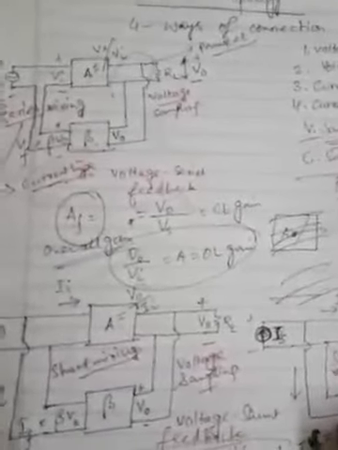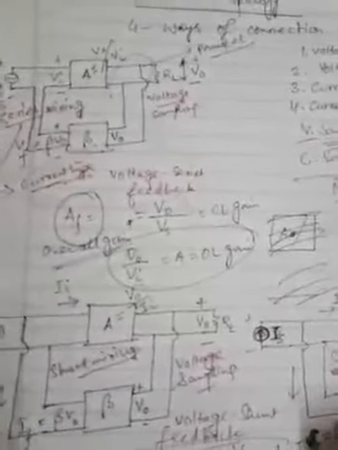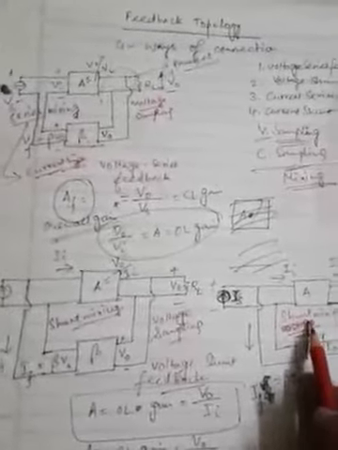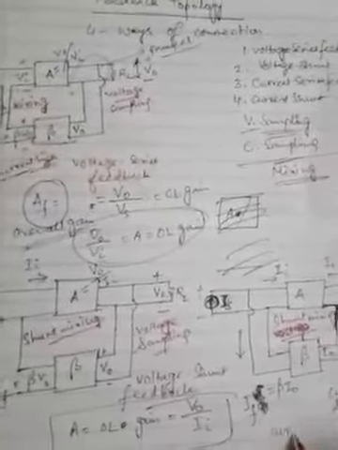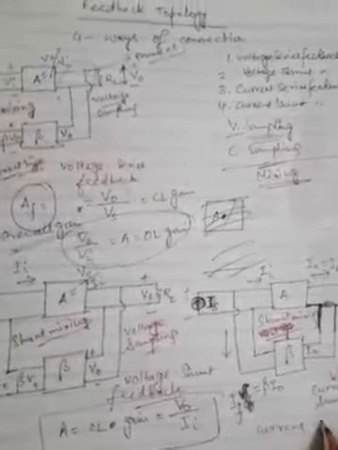That's why it is called shunt mixing. That means current sampling, shunt mixing is being done to make this configuration. So the name of this configuration should be current shunt feedback.